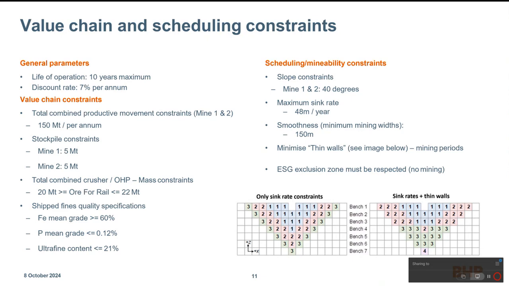The product specifications that the mine is trying to achieve are an iron fines grade of greater than 60% iron, with a phosphorus grade of less than 0.12%, and an ultra fines content, which is the measurement of sub 150 micron material, below 21%, which relates to some of these ESG considerations, but also materials handling properties through the mining value chain.